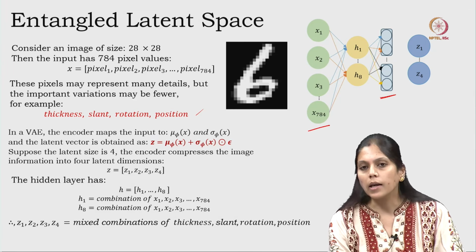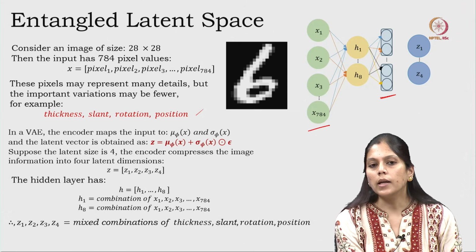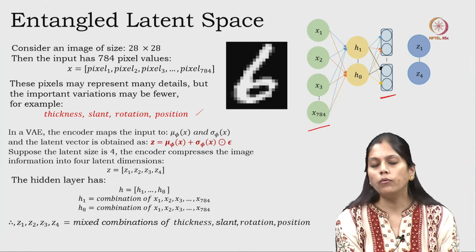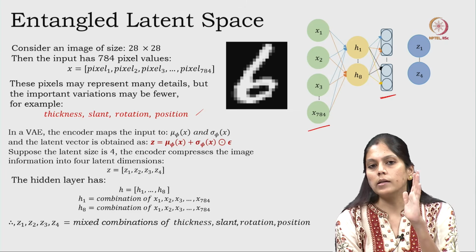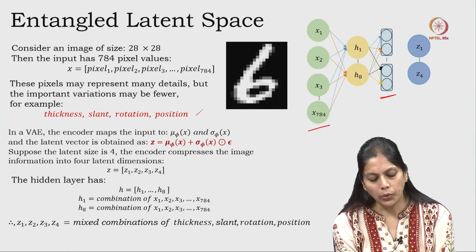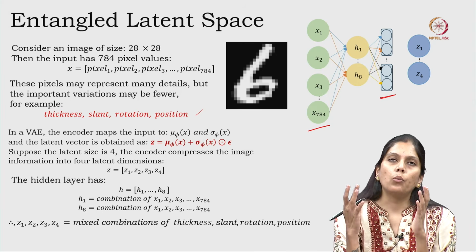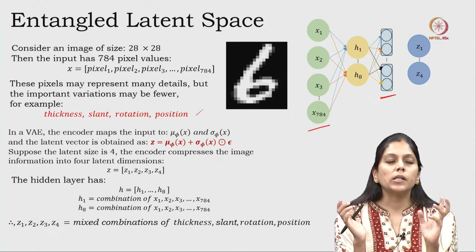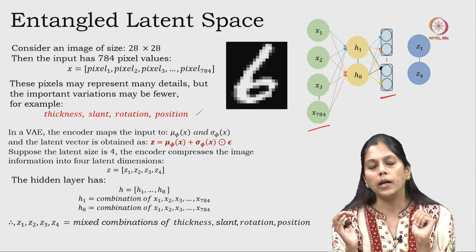If that is the case, do you agree that Z1 to Z4 is a mixture, the combination of all of those, that is, the thickness, slant, rotation and position? Do you agree to this? Yes? Because Z1, Z2, Z3, Z4 are the latent representations, which are responsible for capturing the important variations in the data.